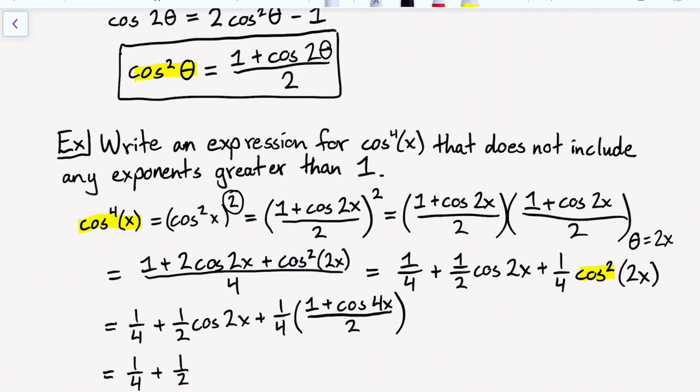Or if we write this out, we have 1/4 plus 1/2 cosine of 2x plus 1/8 plus 1/8 cosine of 4x.